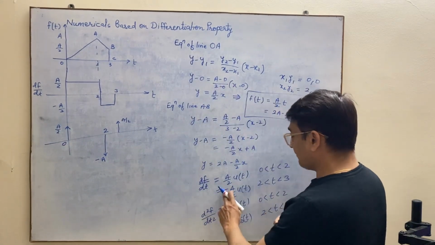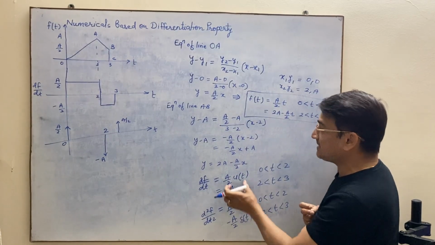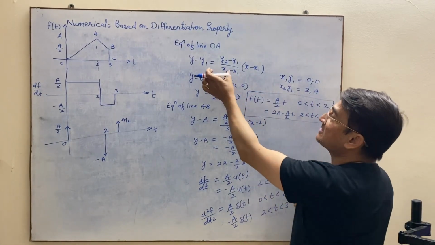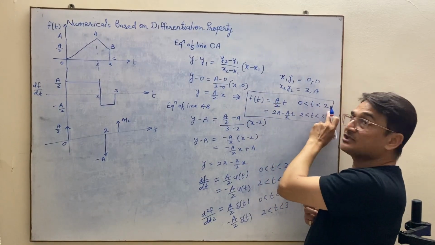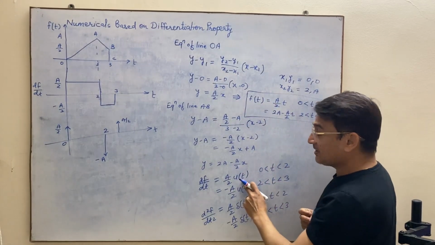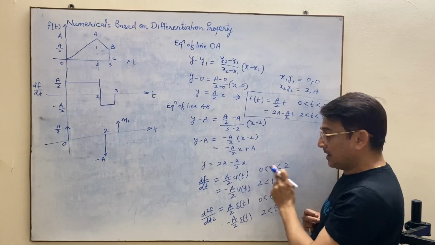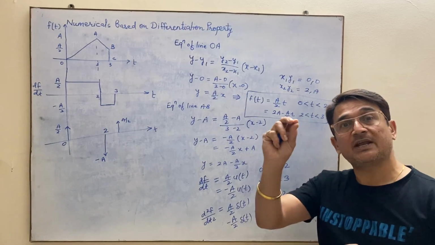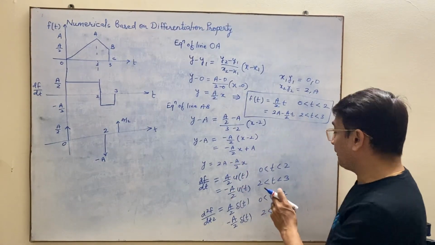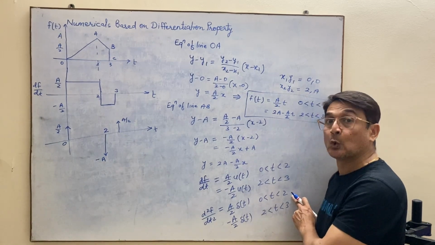Now this thing we can solve mathematically also. As you can see, this is a continuous function because it is a ramp, so you can write between 0 to 2. Again, unit step function is also a continuous function, you can write between 0 to 2. But delta t is an impulse function which exists only at a particular point. So you cannot say that it exists between 0 to 2.